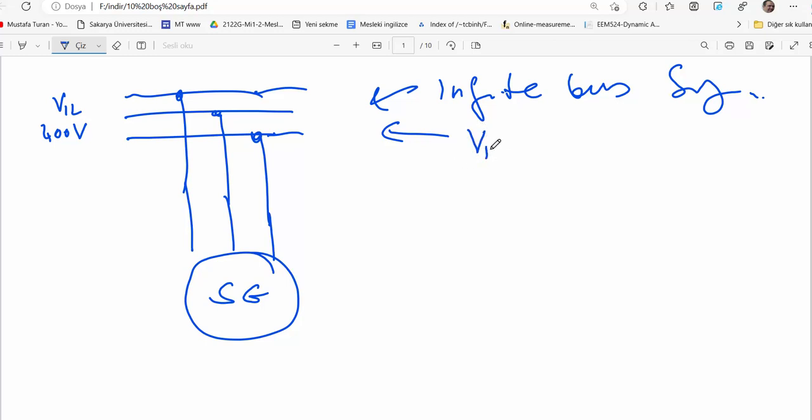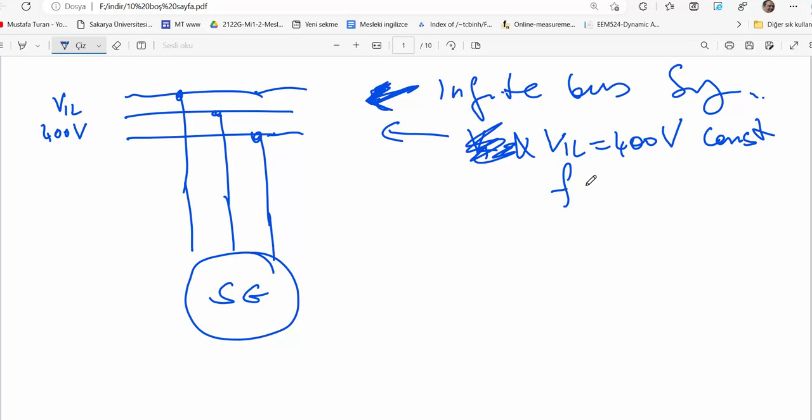So V1 line is equal to 400 volts and it is constant because that is the property of the grid, and the frequency, 50 Hz, is constant.